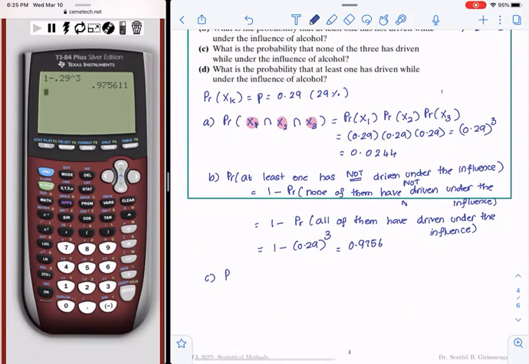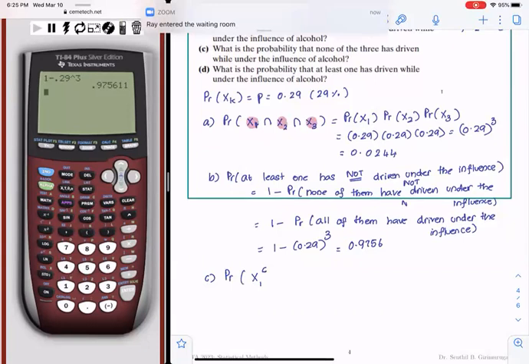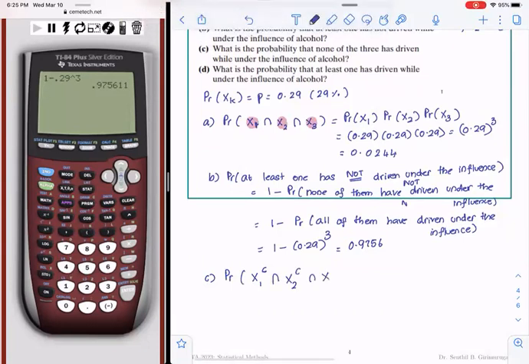Here, the first one has not driven under the influence. So driving under the influence is the complement of not driving under the influence. So I'm going to put it as complement with a C. Same with the second person and the third person. They're all independent.